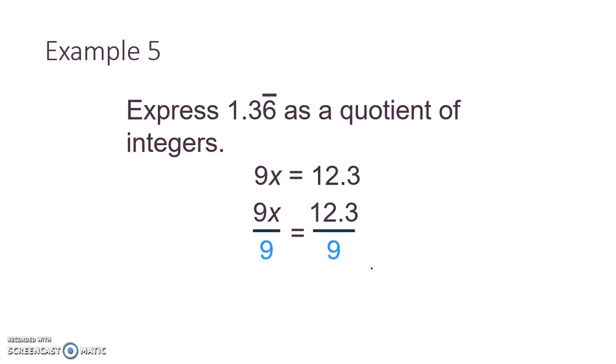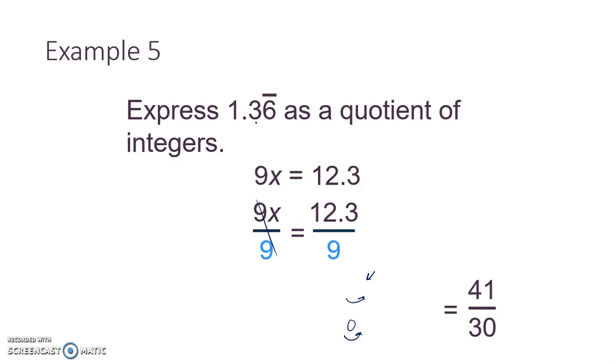And then last step is just to divide to get our x all by itself. That cancels out our 9s, and we're left with x is equal to 12.3 over 9. One final thing we have to do, though, we should never leave a decimal in a fraction, so we're just going to have to multiply each one by 10, or move our decimal over 1 in each, and that gives us 123 over 90, which reduces to 41 over 30.